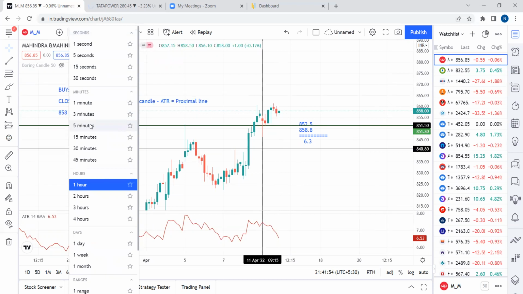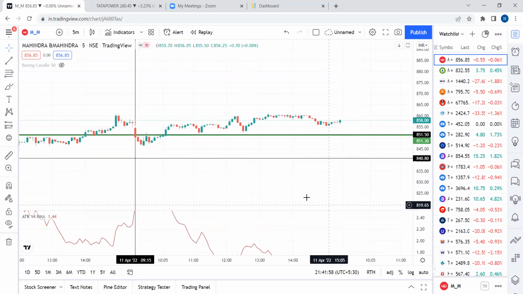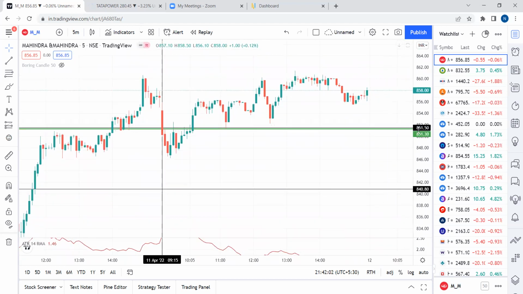So go to the lower time frame, draw the horizontal line on 851.5 and try to see, are there any unfilled orders near the proximity of that line? That's why that line is called the proximal line.